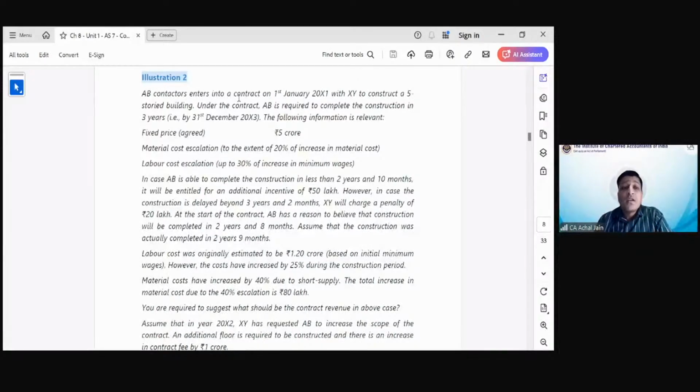Similarly, an escalation clause is also there for labor cost. What is the escalation percentage permissible? Up to 30%.